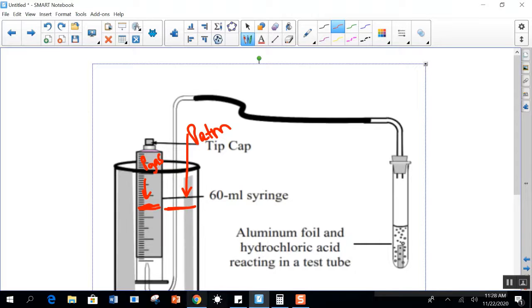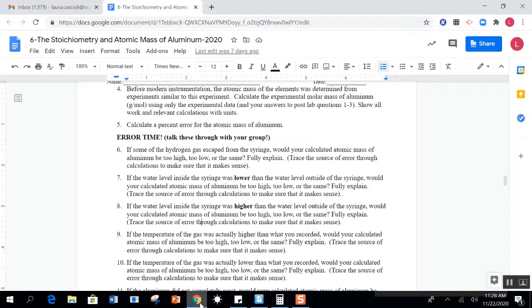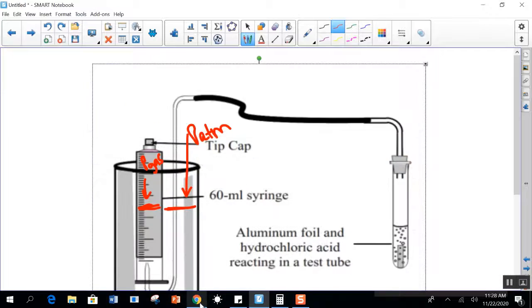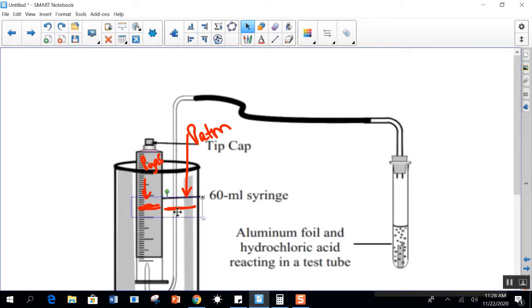Now, what's going to happen if these levels are not the same? The first one says the water level inside the syringe was lower. If the water level inside were lower, it would look something like this. Let's say this is the outside container and inside is lower. That means the pressure of the gas inside and the pressure of the atmosphere are not the same.